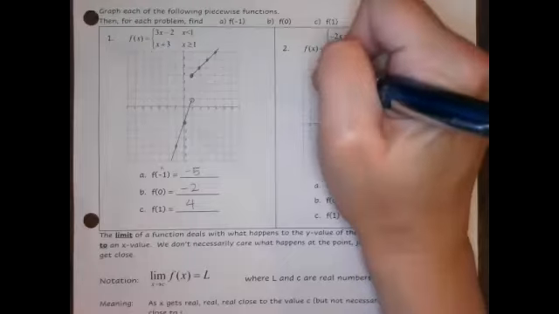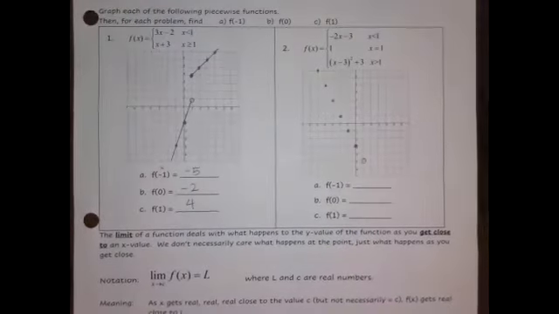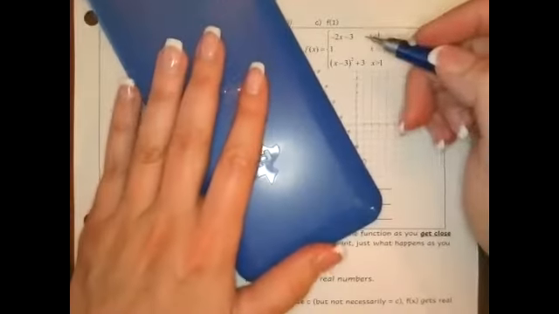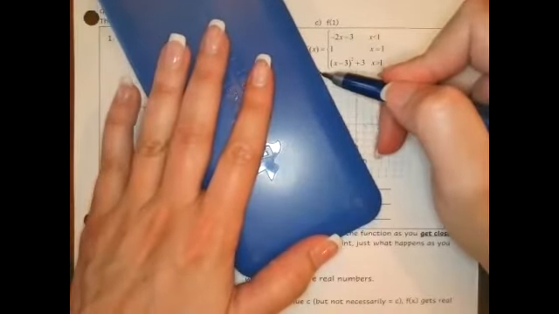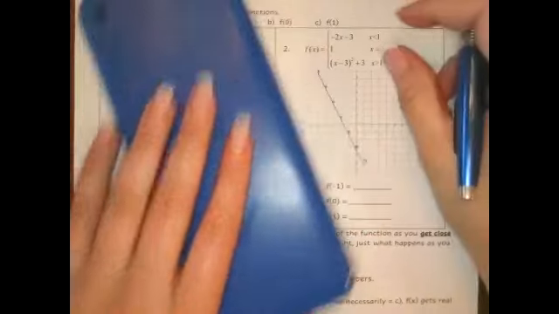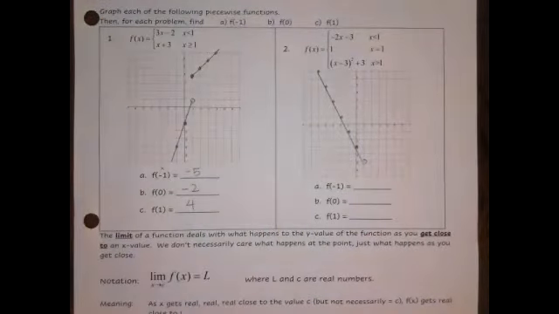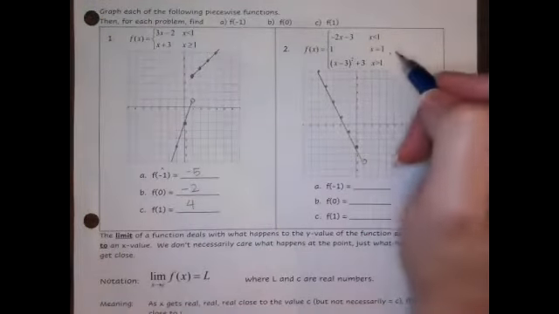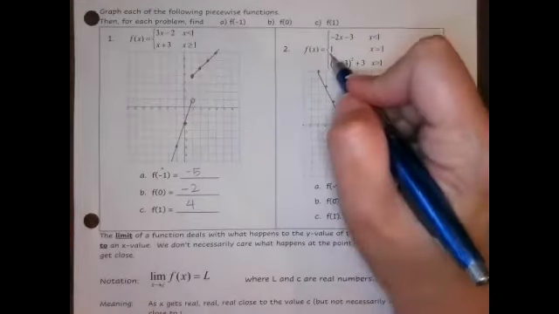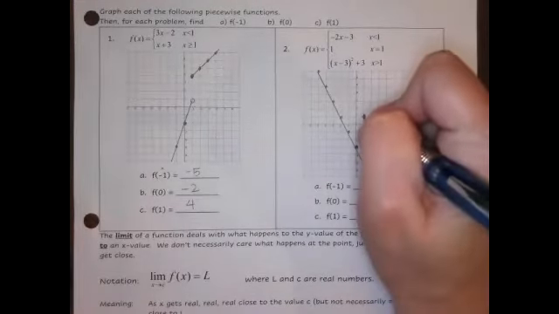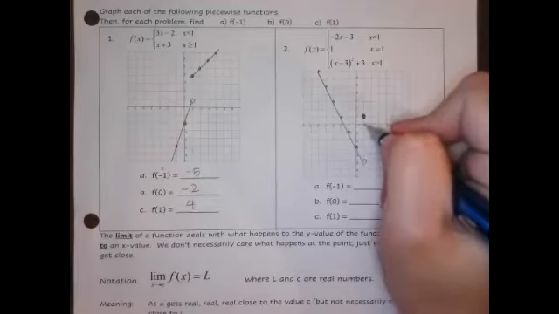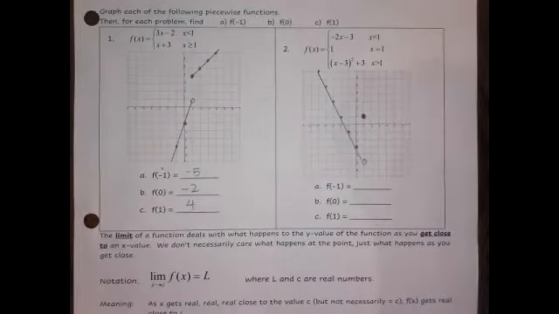I'm sorry, -2. And so again, I would use a straight edge to connect my dots there. And so there's the first piece of my piecewise. Now at 1, it says it is 1, so that's going to be this point right here. So my x value is 1, my y value is also 1.